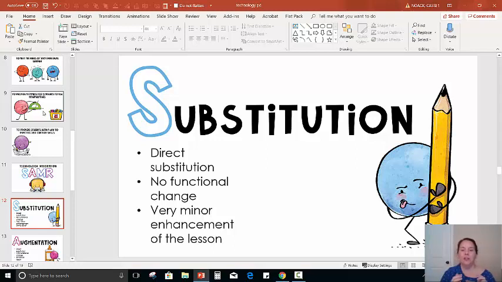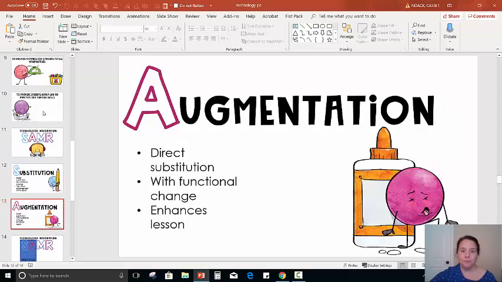So sometimes substitution doesn't seem very high level, but it does allow for a student or a teacher to be freed up in the time department. So substitution is a very valid way to integrate technology into your classroom.